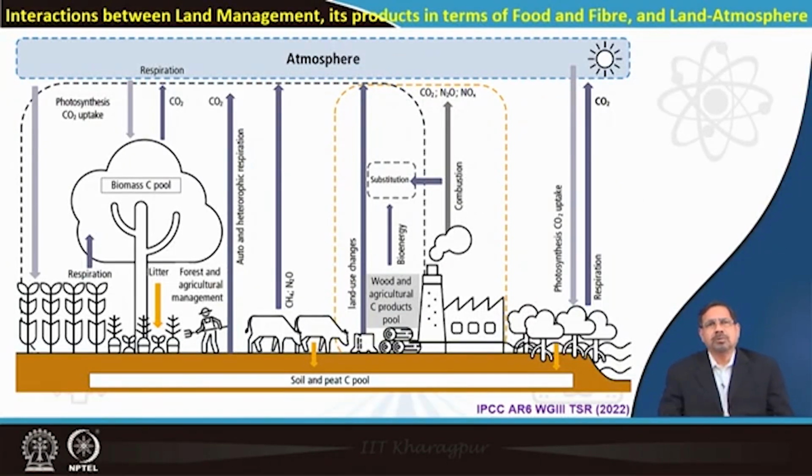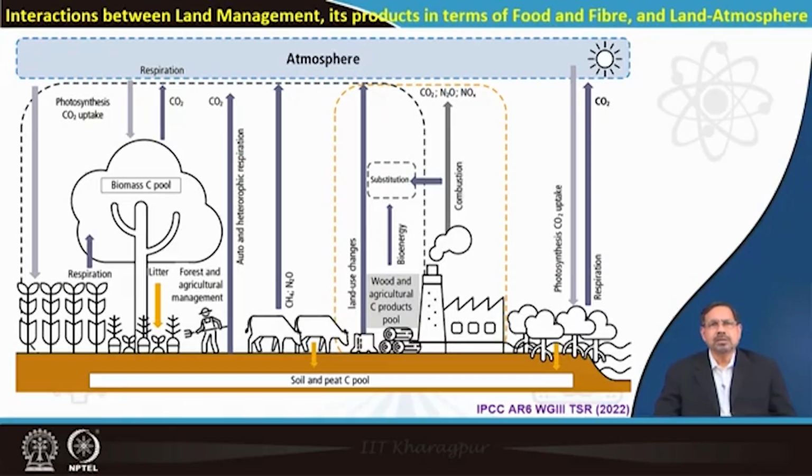Let us talk about this particular interaction. Friends, we understand there is an interaction between the land management, the products it offers in terms of food and fiber, and the interaction between land and atmosphere.